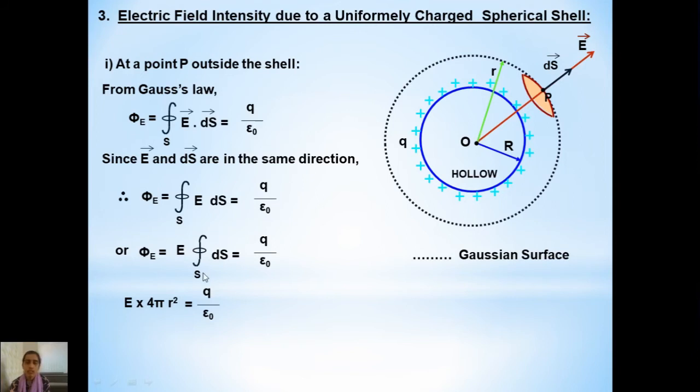So instead of writing integral of ds, we can rewrite it as 4 pi r square. So E into 4 pi r square will be the total electric flux enclosed in this Gaussian surface.